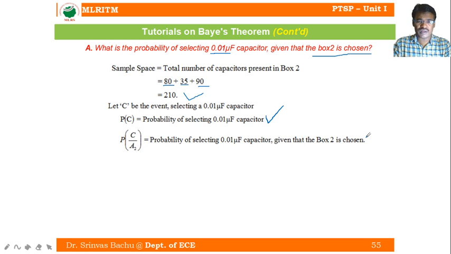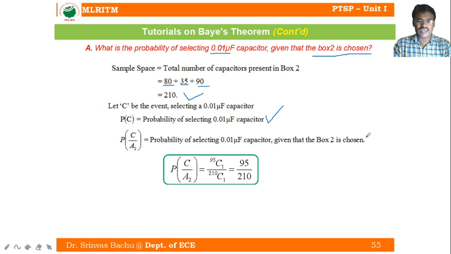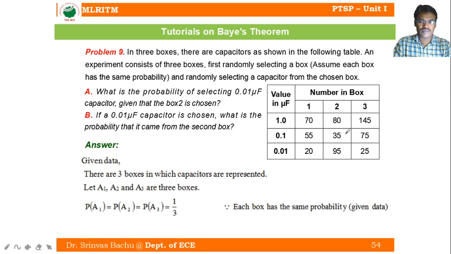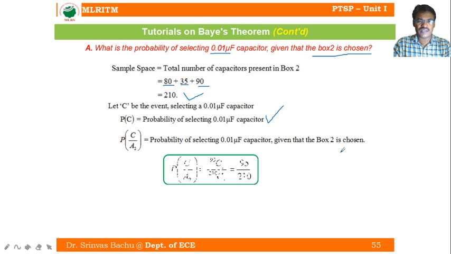Now P of C by A2. The A2 box has already happened. In the A2 box, 210 capacitors are there, and different types of capacitance are there. Out of this, 95 are 0.01 capacitors, 95 are 0.05 capacitors.